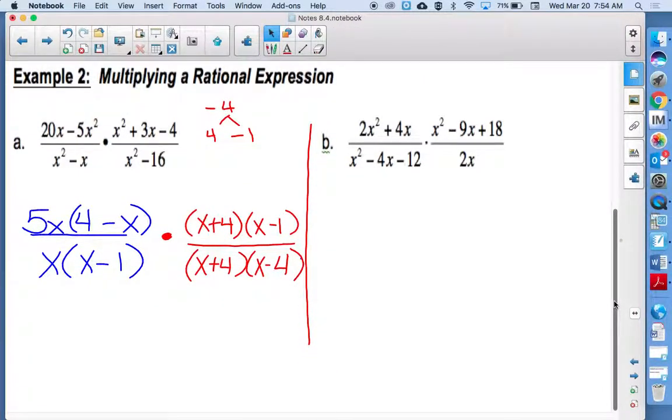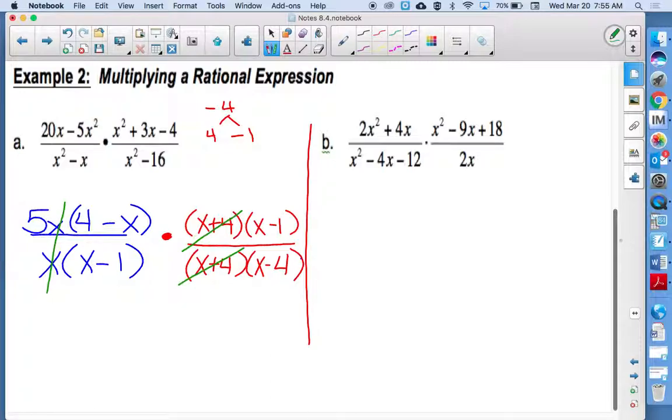What can we divide out? Julia? In the first one, you can take out the x on that side. Yeah, so the first one, we have the x's that were pulled out. They're being multiplied because it's x times the parentheses, so we can cancel those. Julia, what else could we cancel? And then another one, you can take out the x plus 4. Yeah, and the other one, we can take out the x plus 4 because it's the same.